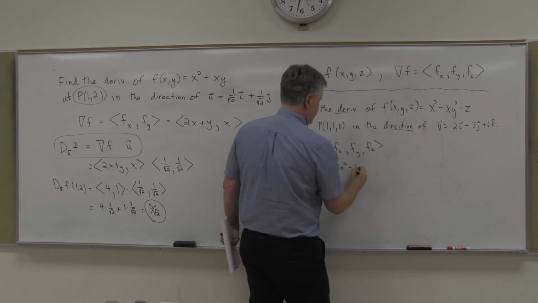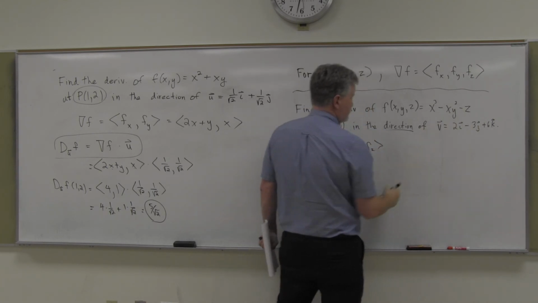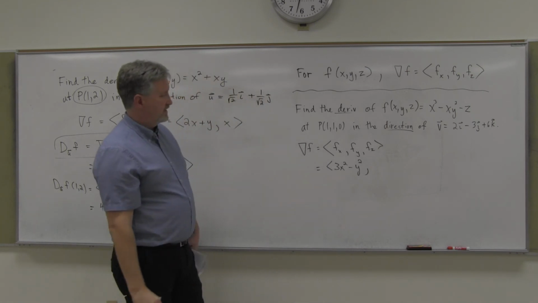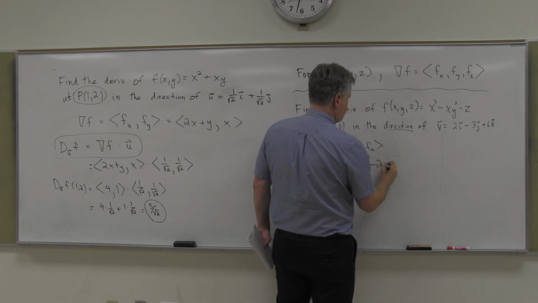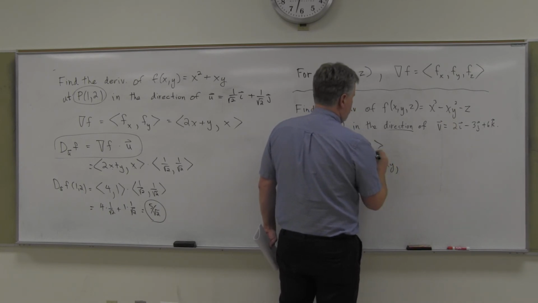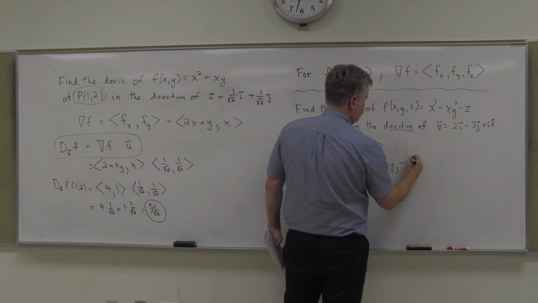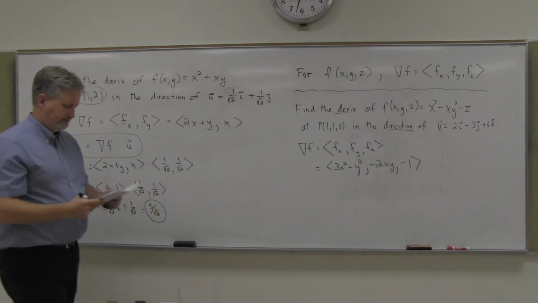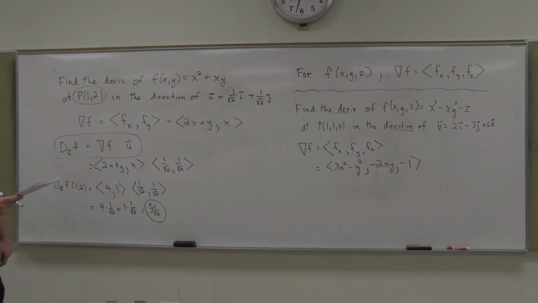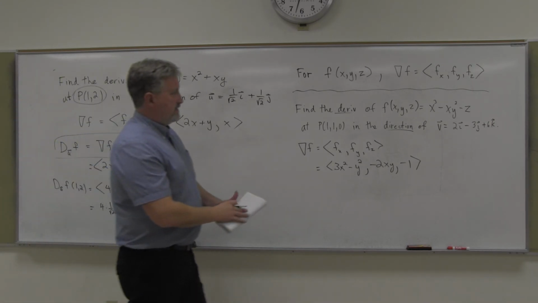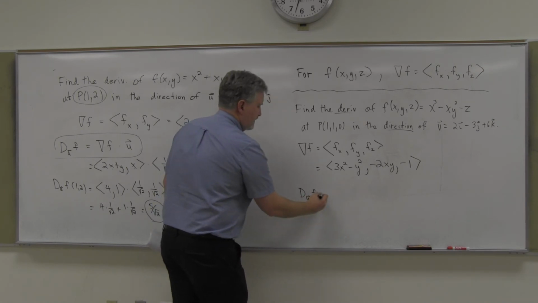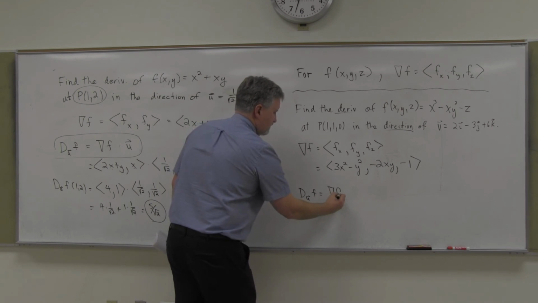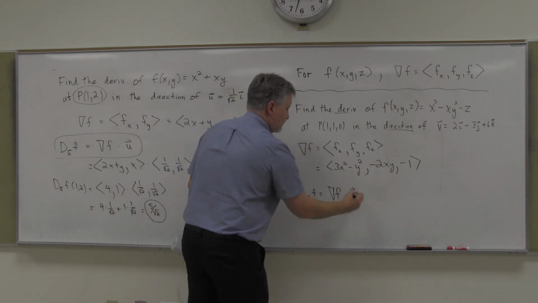The partial of f with respect to x is 3x squared minus y squared, and z doesn't have an x. The partial of f with respect to y is minus 2xy, and the partial of f with respect to z would just be -1. Is that okay? With me on that? Now, this directional derivative of f is the gradient of f dotted with unit vector u.